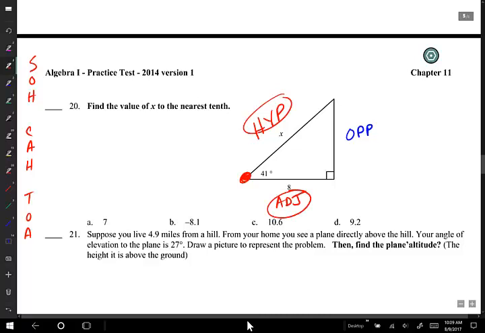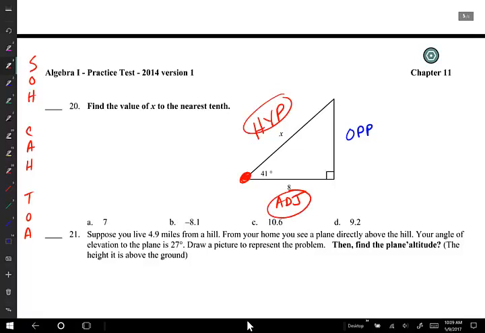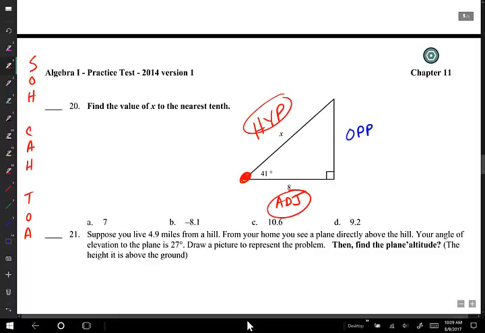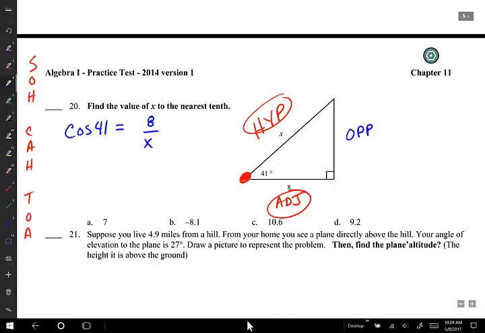Which function is that? That's CAH. What does CAH stand for? Cosine. So the cosine of 41 equals 8 over x. Remember from what we talked about the other day, Grace, when the variable's on the bottom, you cross multiply.